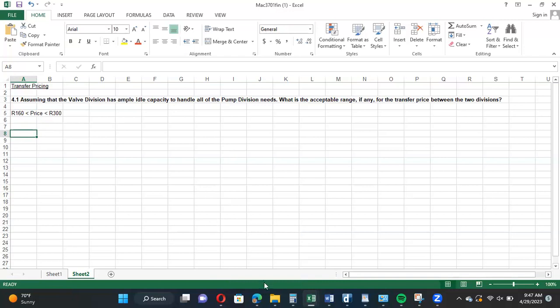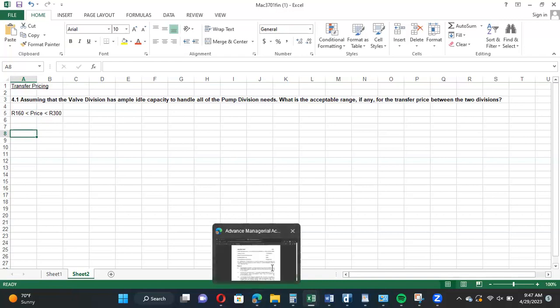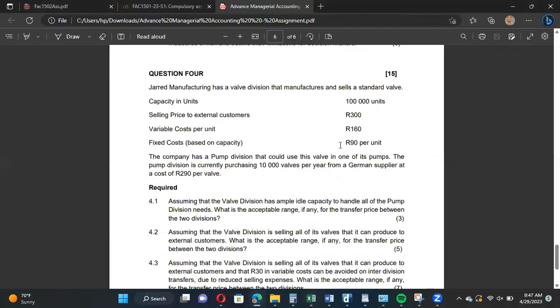So why am I not considering fixed costs? Because these fixed costs are going to be incurred anyway. So really, whether or not they manufacture that, it's immaterial, because they are still going to incur these fixed costs.